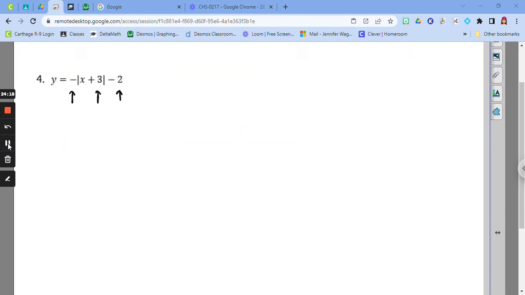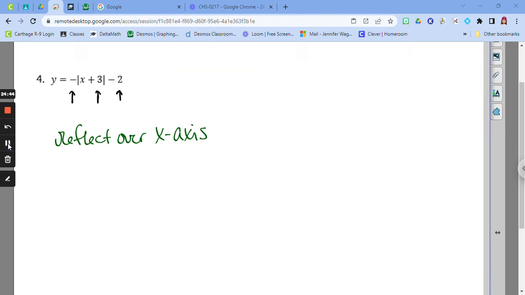All right, so the negative first, we're going to reflect it over the x-axis. If on an absolute value function, if you applied the negative directly to x, it'll go from this to this. It looks the exact same because you just switched the sides.